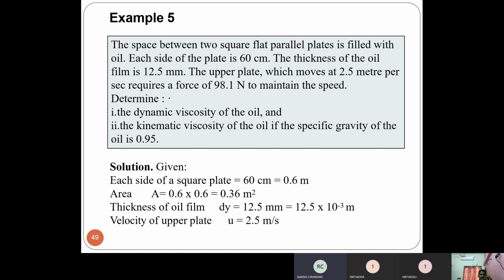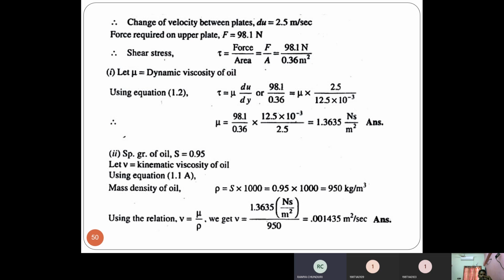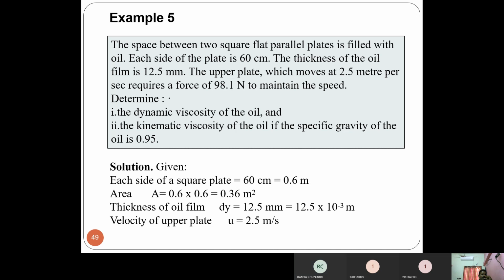For the understanding, we can see one more problem. The space between two square flat parallel plates is filled with oil. Each side of the plate is 60 centimeter, and the thickness of the oil film is 12.5 mm.